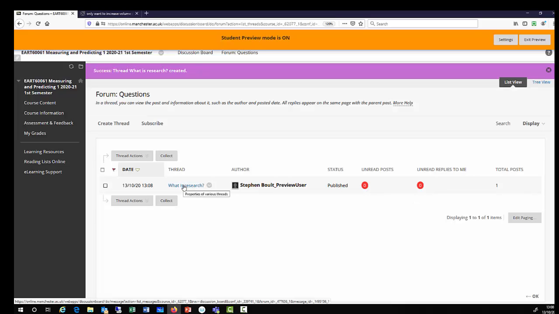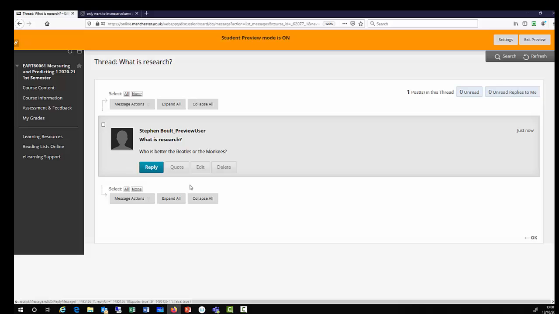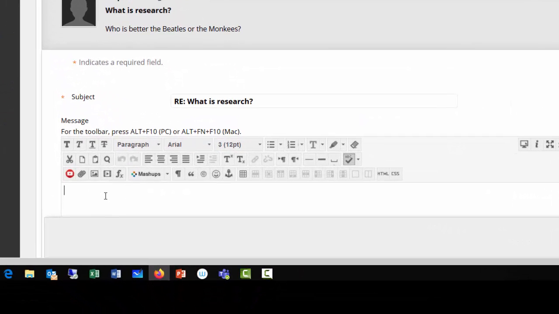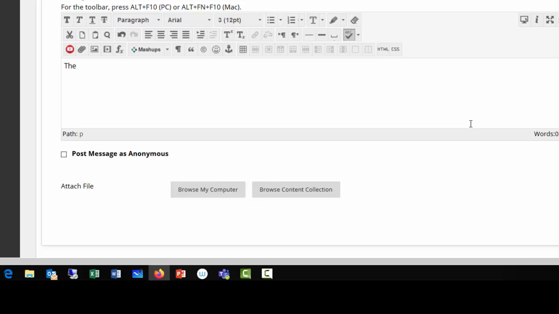If we click on the thread, we get the option of giving an answer. So in answer to the question, the Monkees were a carefully manufactured pop group and therefore better than the Beatles.